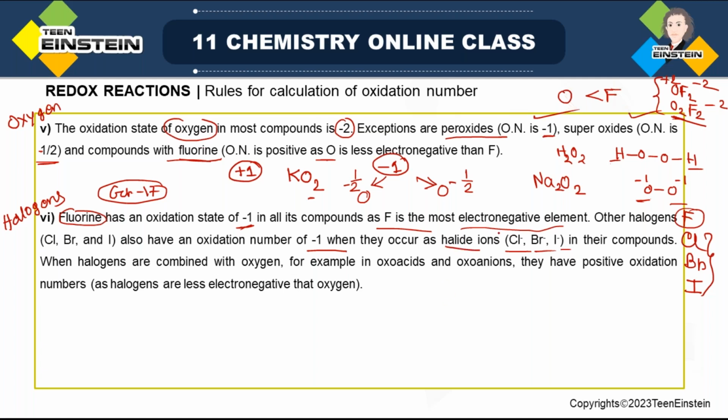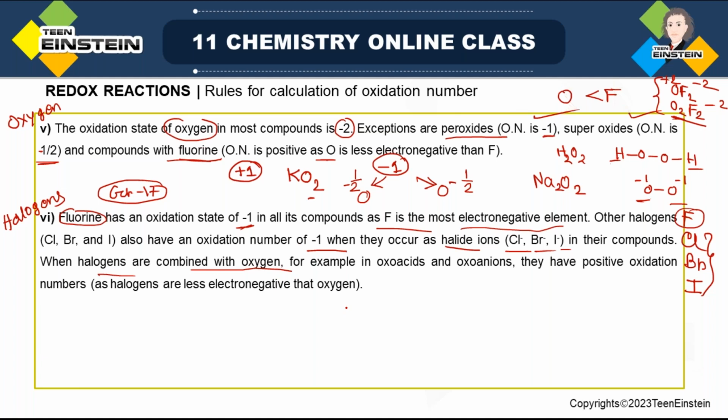For fluorine you get fluoride, from chlorine chloride, from bromine bromide, from iodine iodide. So when you have all these halide ions, they will always have a -1 charge in their compounds. But suppose halogens are combined with oxygen.